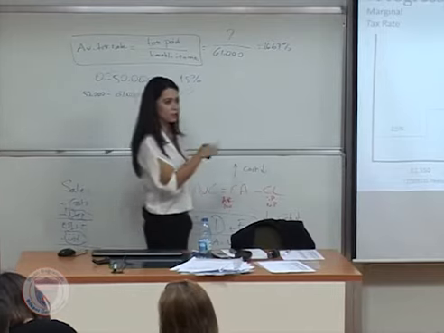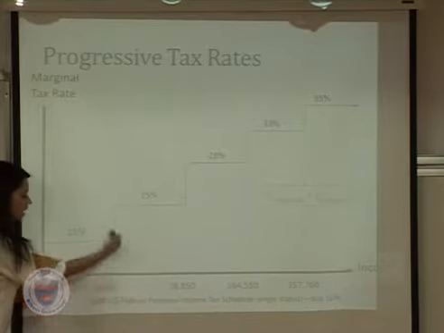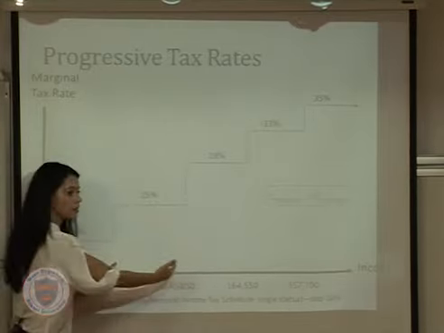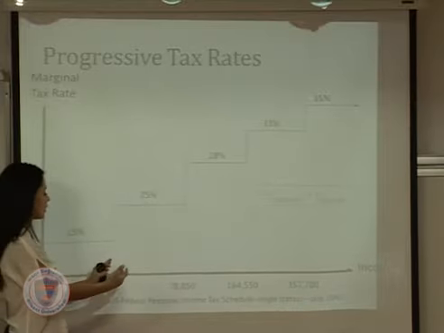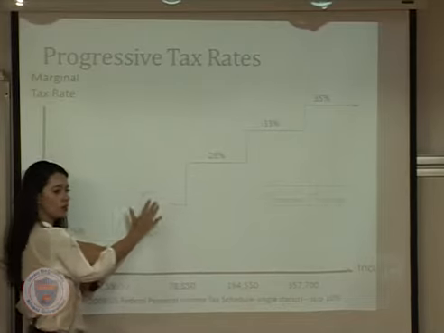So basically, this is what we have. This is for personal taxes, I think. Yes, personal income. For some predetermined level, you pay a predetermined tax rate. For the next bracket, if you make more than that amount, for the first part you pay 15%, and for the remaining part you pay 25%.